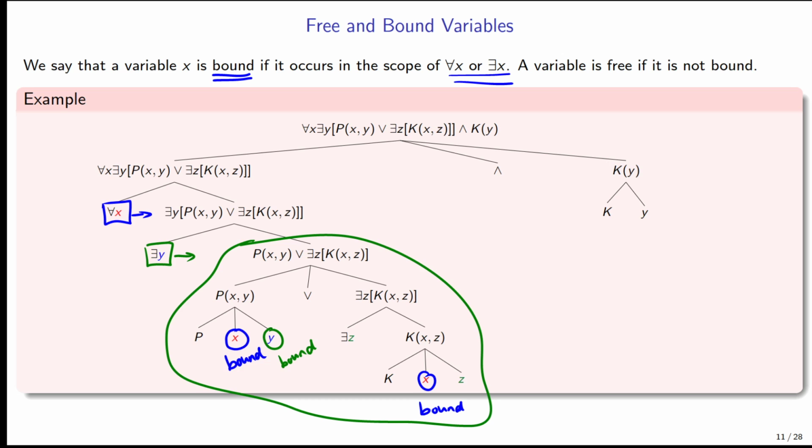Now, if we take a look over on the right, on this side ky, there's a y over here, but this y is not in the scope of the existential on the left. As you can see, it's not being c-commanded. And if we take a look at the brackets, the square brackets, ky is outside of those brackets. So we call this a free variable.